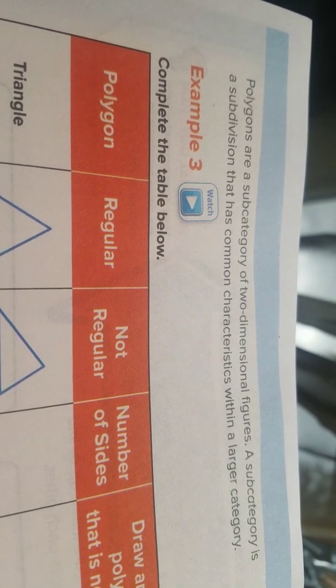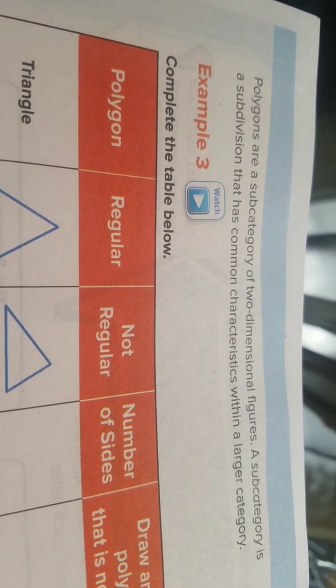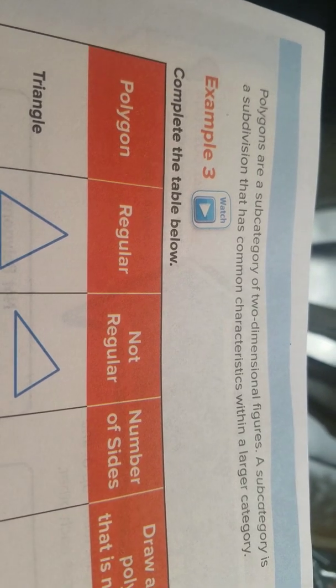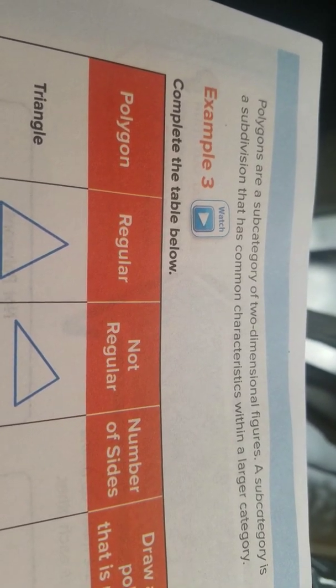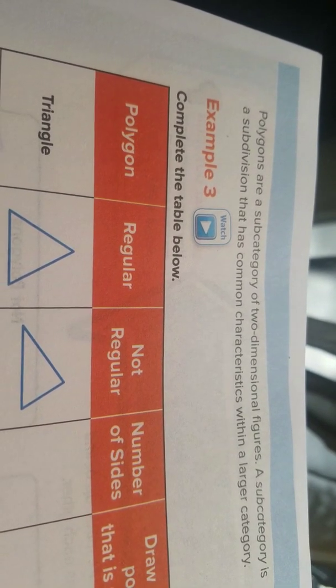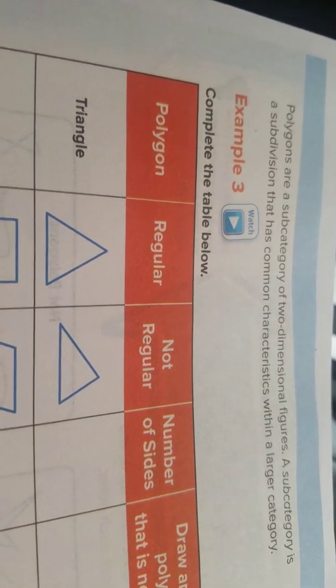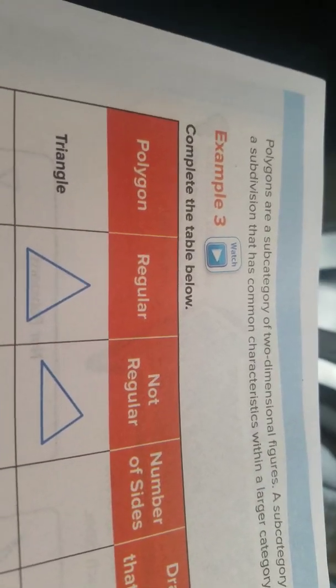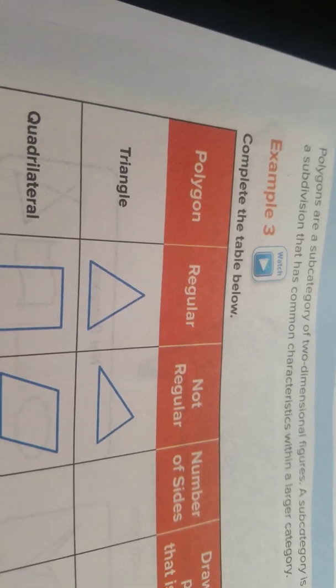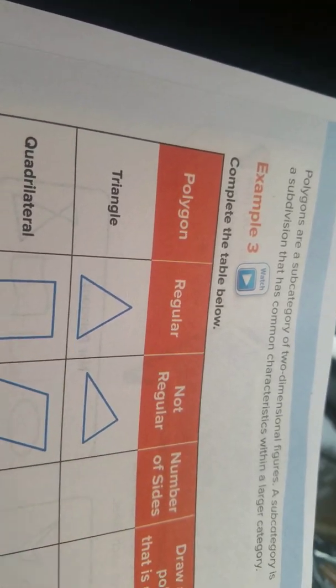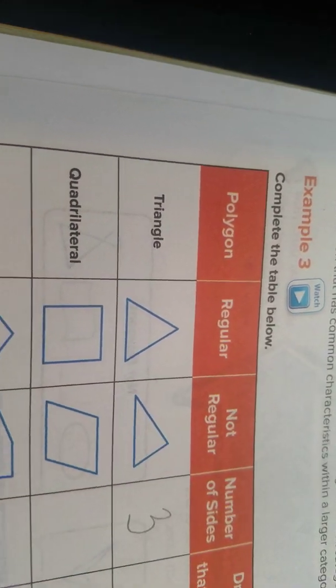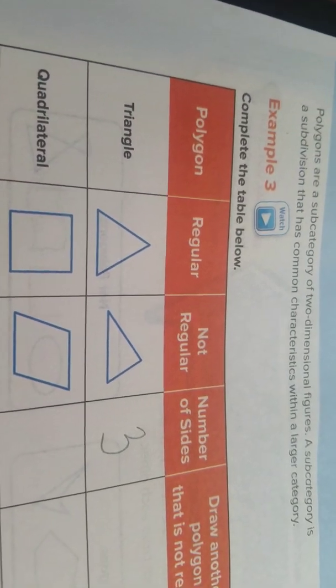Polygons are a subcategory of two-dimensional figures. A subcategory is a division that has common characteristics within a larger category. So let's take a look at this first polygon. It's a triangle. There are 3 sides on every single triangle.